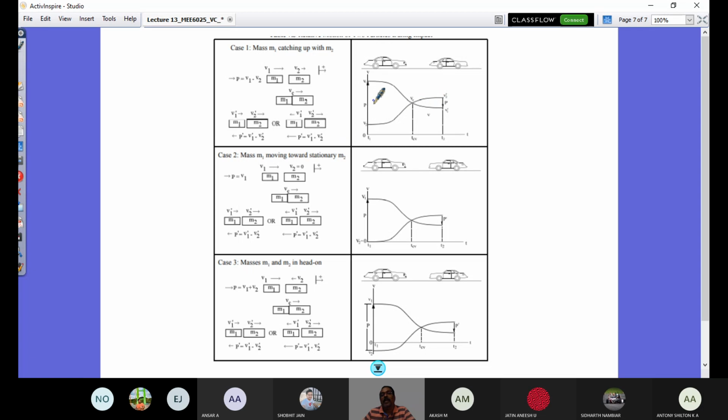That's what you see here. If you take only one vehicle, the relative velocity would go like that. There is a point when it is changing from positive to negative. So this is the variation. Let me make this bigger.